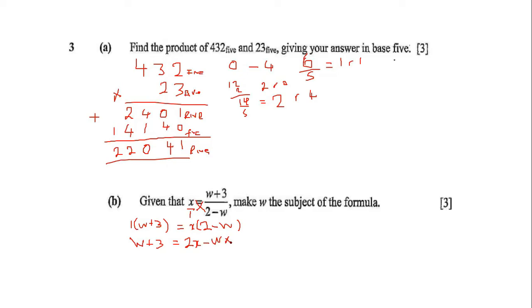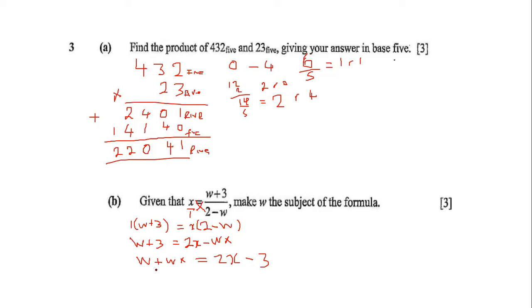Since we want to make w the subject of the formula, we have to put all the w's on one side. So this w here plus this one crosses over to this side, plus wx, which should be equal to 2x minus 3.